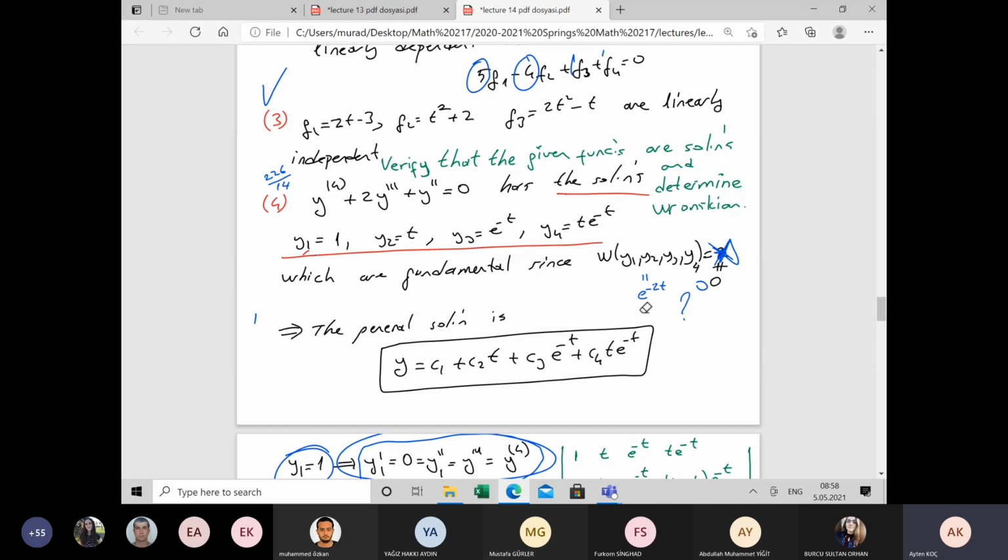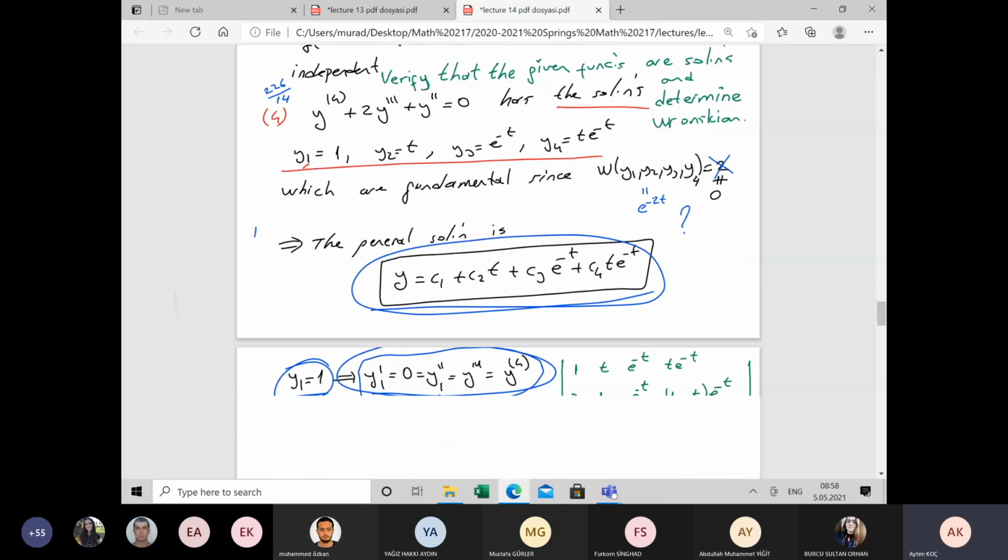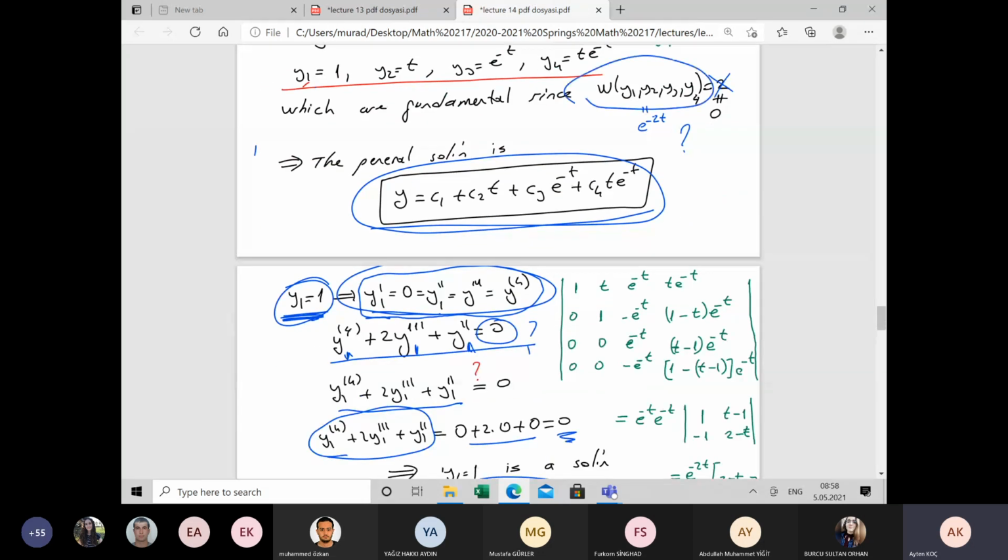Then we will write the general solution. For the Wronskian determinant, write the first row: y sub 1, y sub 2, y sub 3, and y sub 4.